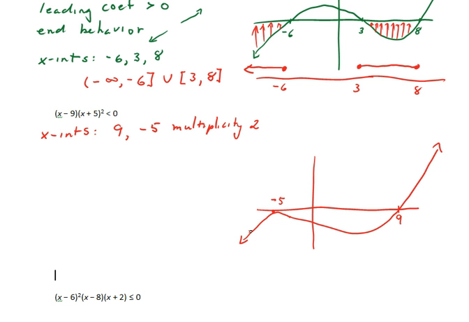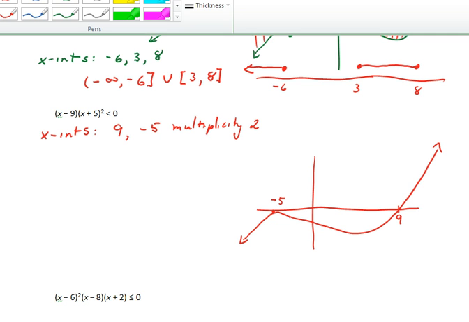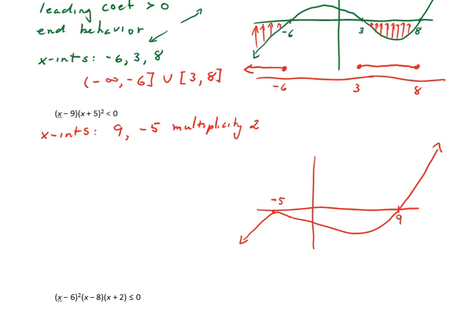And so we're to find where this is strictly below the x-axis because it has to be strictly negative. And we see that that occurs to the left of -5 and between -5 and 9.